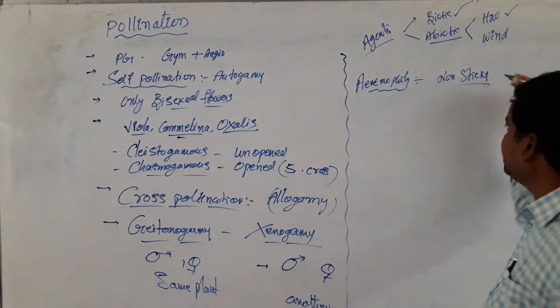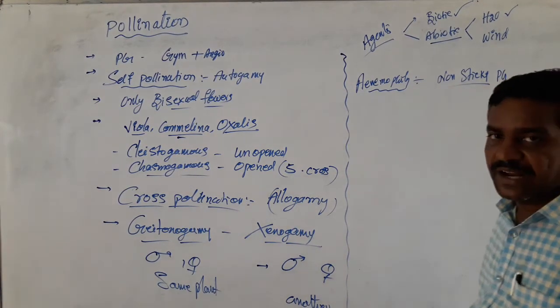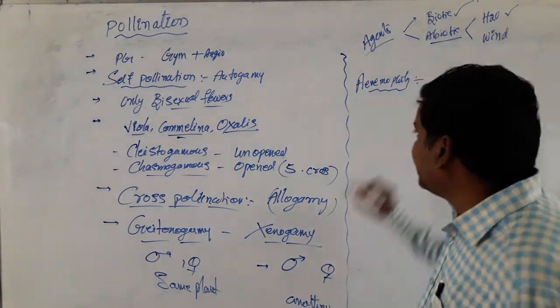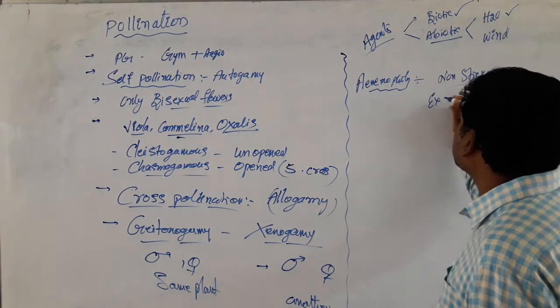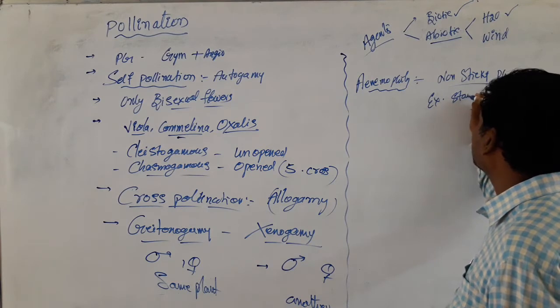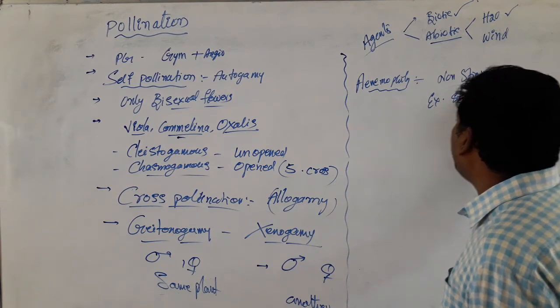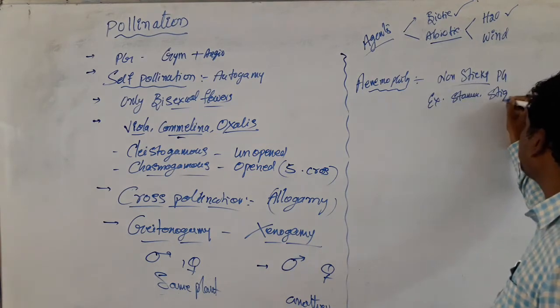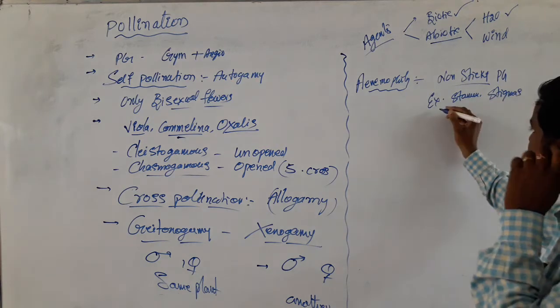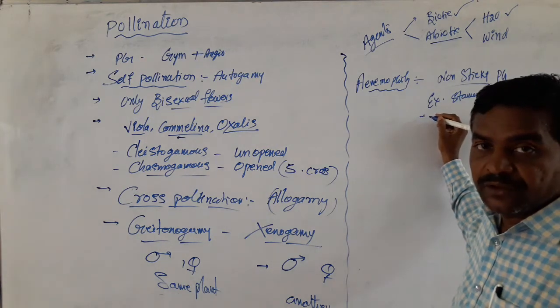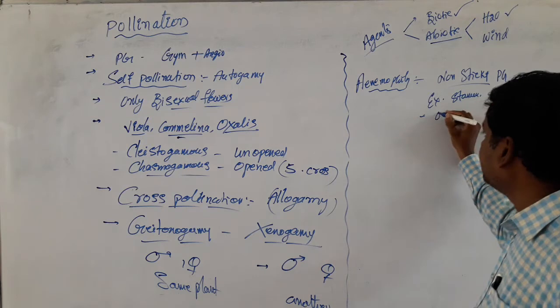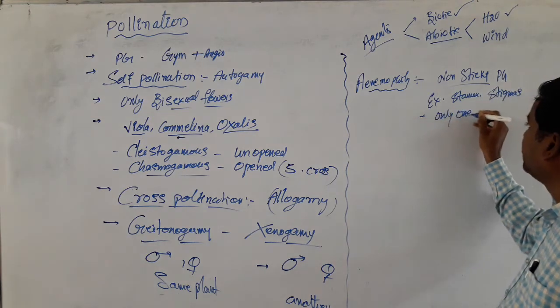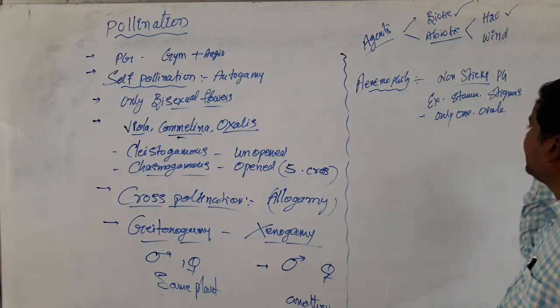At the same time, they have well-exposed stamens and well-exposed stigmas. And they also contain only one ovule inside the ovary.